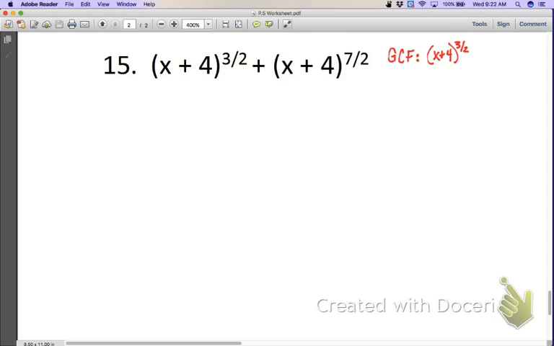So essentially what I'm going to do, that value is going to go right out here. And I'm going to give myself a little bit of space, because I'm going to divide each one by x plus 4 to the 3 halves power.